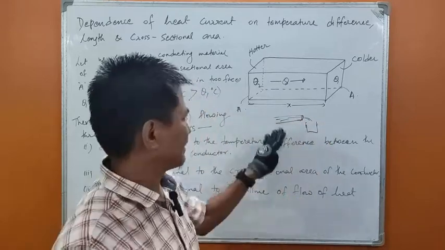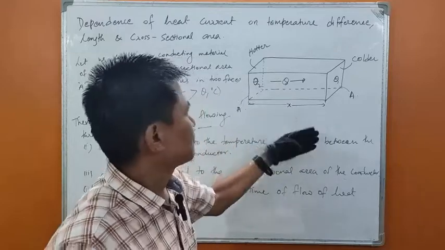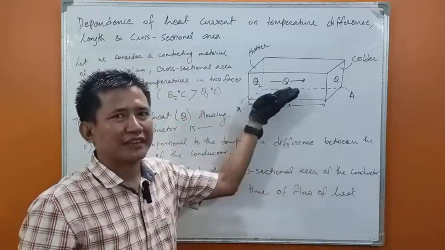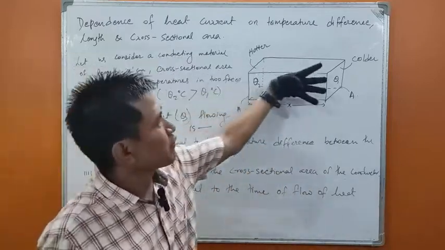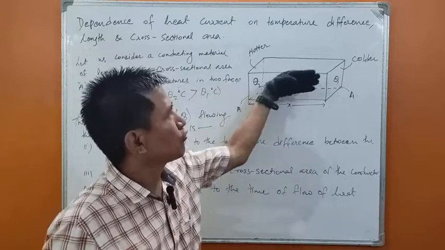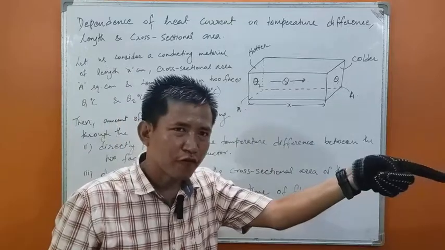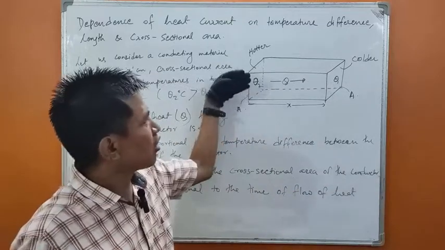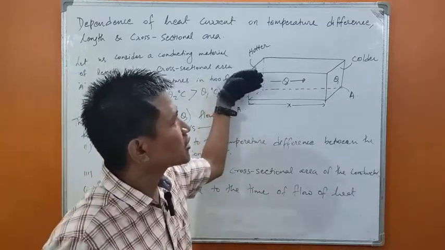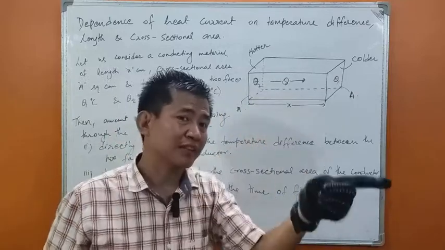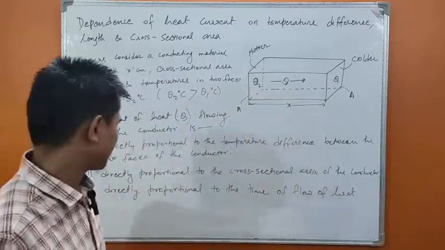Similar concept can be applied in this case also. More time you allow the heat to flow from hotter surface to the colder surface, more heat energy will flow. Less time you allow the heat to flow, less amount of heat will flow, isn't it? That is very, very simple.